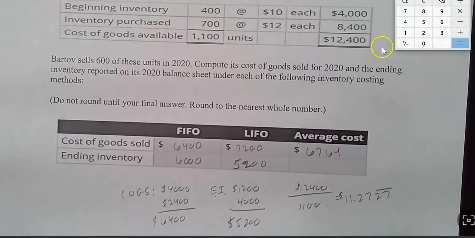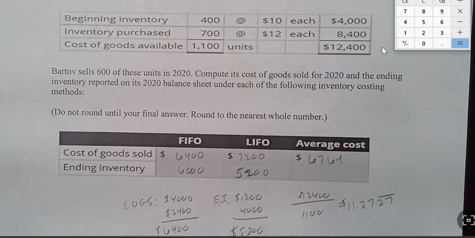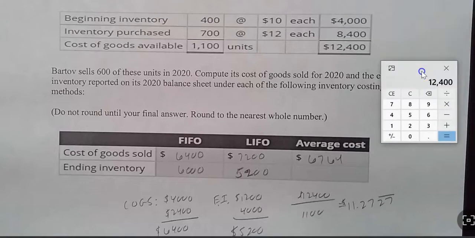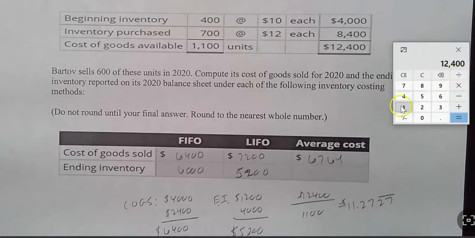And then what I also want to do, I'm going to go back again just to be careful. I'm going to take my 12,400 and divide it by 1,100 again. And the reason is because I want to get all of this decimal dust over here. Because now I want to compute my ending inventory, and I'm going to use this same figure that we calculated before, but again, I want all of these decimals carried out, and I'm going to multiply it by 500. Why 500? Well, we had 1,100, we sold 600, we still have 500 left.